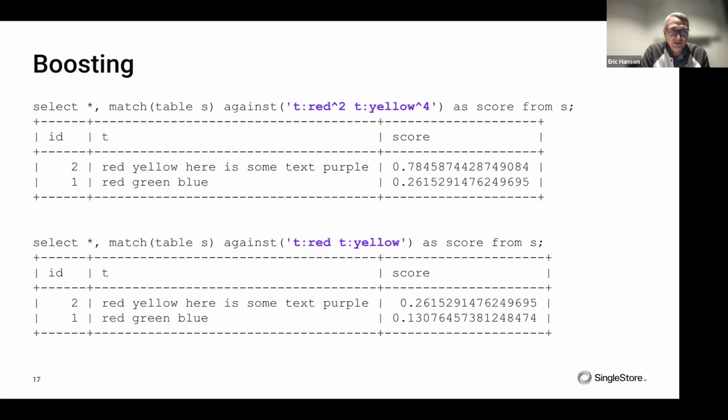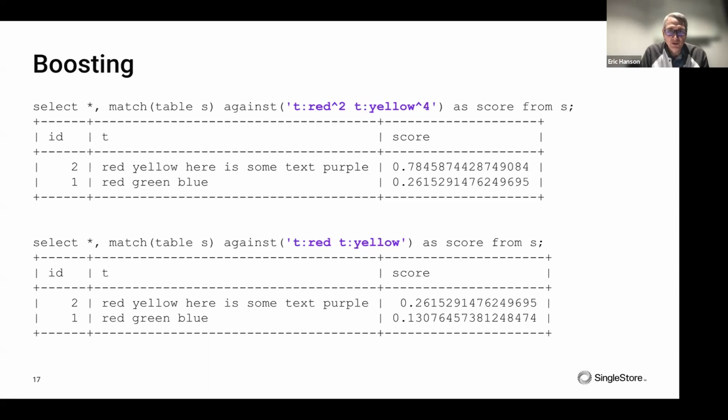The next thing I want to show is boosting. Boosting is an approach where you can modify the scores of your query by giving certain terms higher weight, or giving them a boost. So here we're doing match against, red boosted by 2 and yellow boosted by 4.